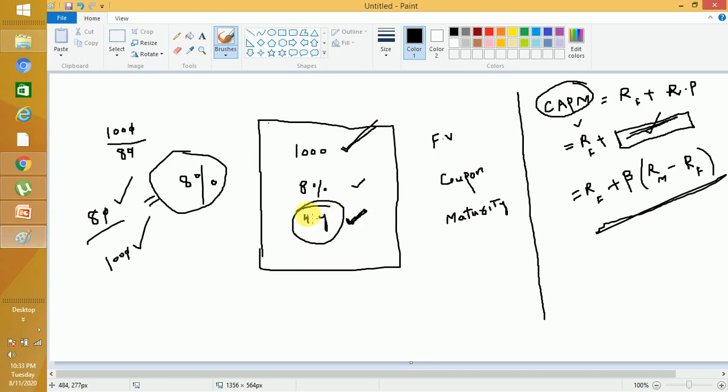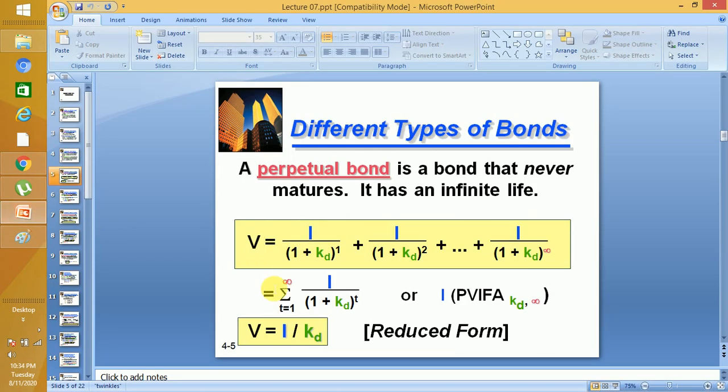If a bond has no maturity and an infinite life, that bond is called a perpetual bond. The maturity factor is not present.